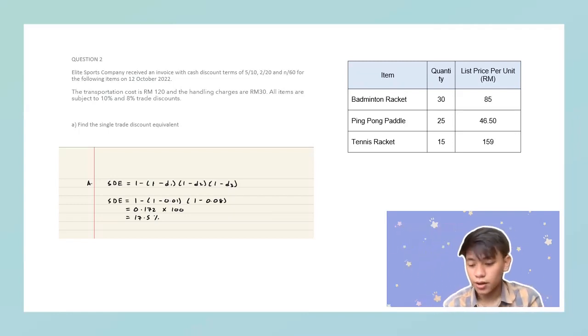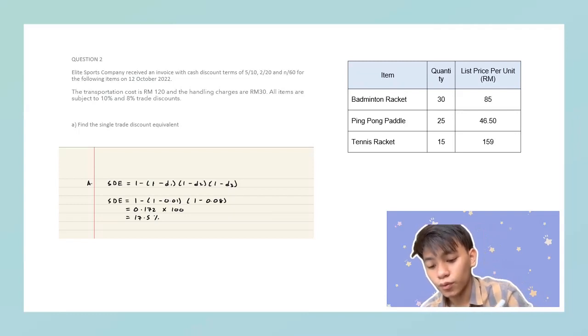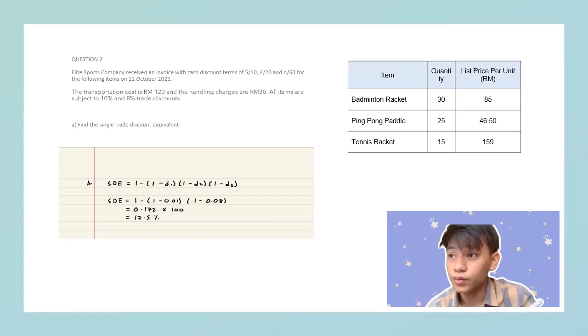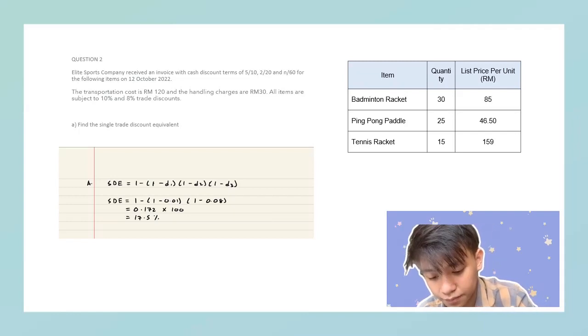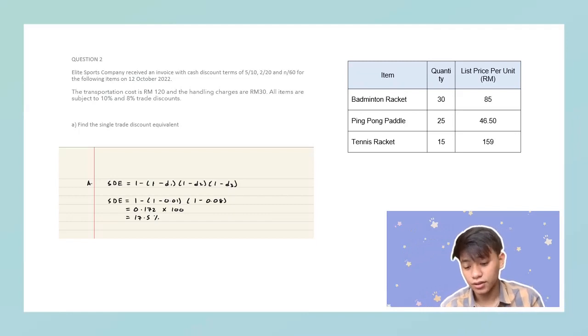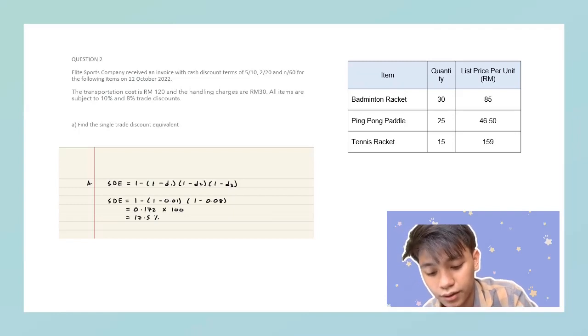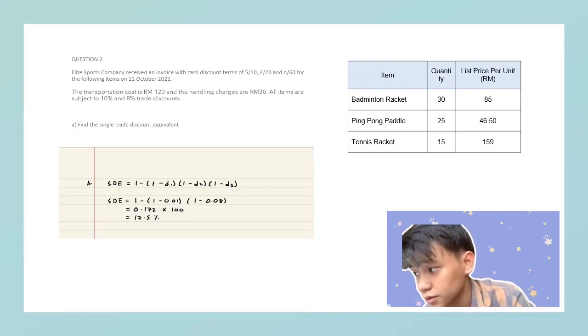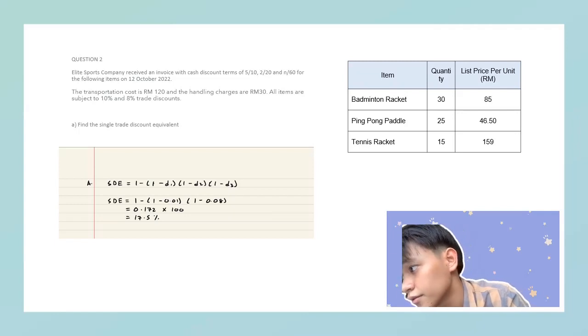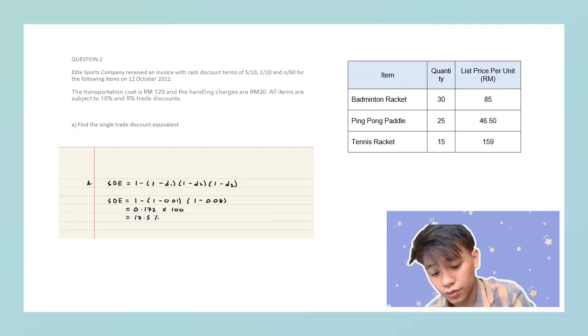We already know D1 is 10% and D2 is 8%, so we change it into a decimal: 0.1 and for the 8% it is 0.08.